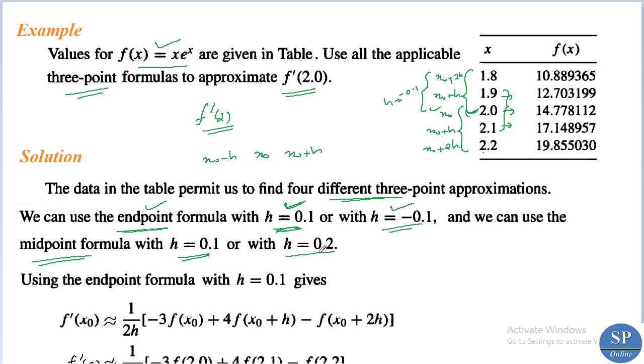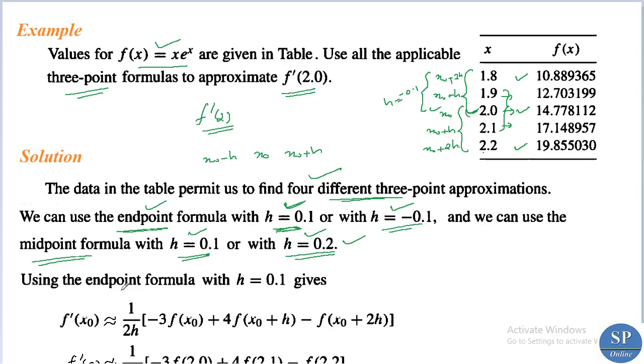Now if we are choosing h equal to 0.2, we can use x naught equal to this, x naught plus h equal to this, because we are using h equal to 0.2, and x naught minus h equal to 1.8. So in that case also, to use the midpoint formula, we can use h equal to 0.1 or h equal to 0.2. So we can find four different approximations by using 3-point formulas.